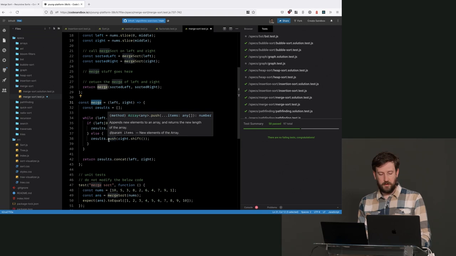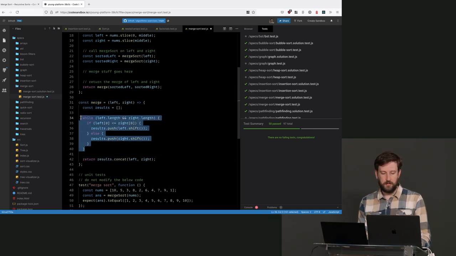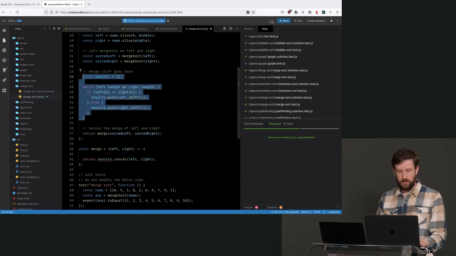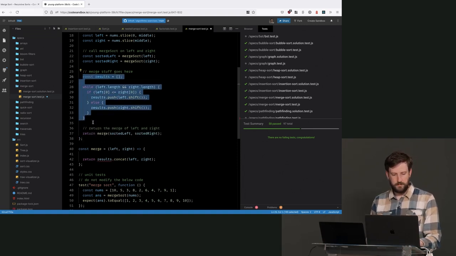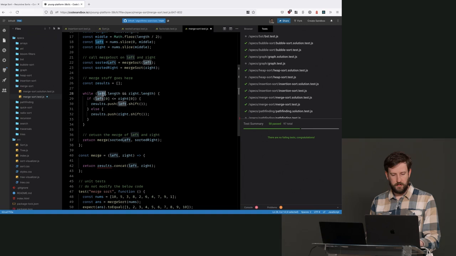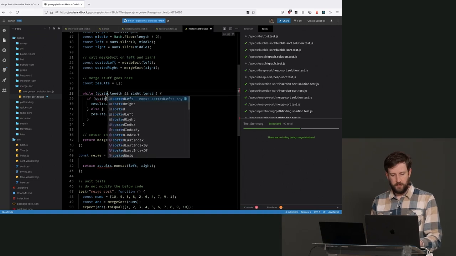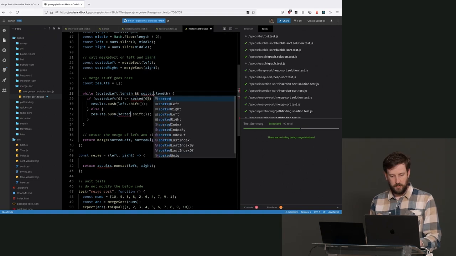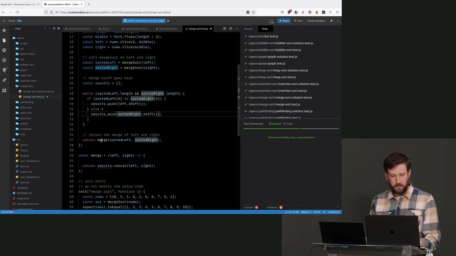But to answer the online question here, you could absolutely do this, just move this up in here. And then this would just be sorted left, sorted right. And then you would just return, and you'd have to do the return concat.